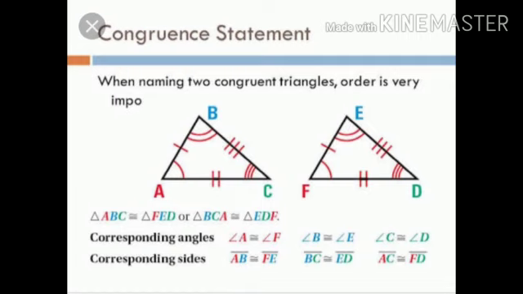Look at the symbol. Then write down the corresponding sides as well as corresponding angles. So according to these sides and angles, we can write down triangle ABC is congruent to, note down the symbol, triangle FED, or triangle BCA is congruent to triangle EDF.